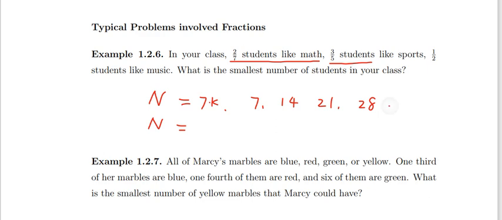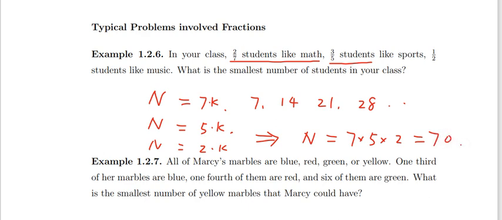And also n should be a multiple of 5, and also n should be 2 multiplied by some number. So from here we can say the smallest n should be 7 times 5 times 2, so there should be at least 70 students.